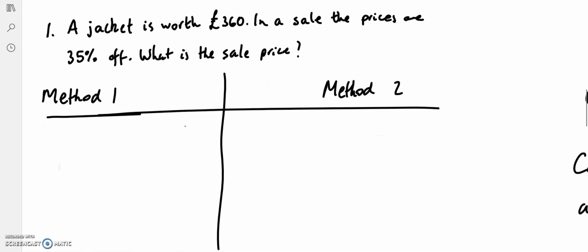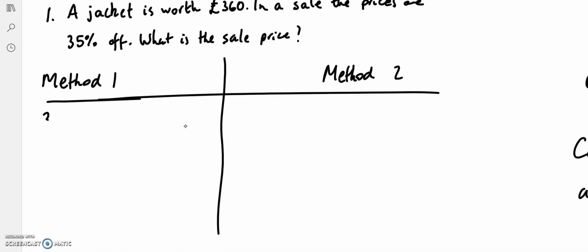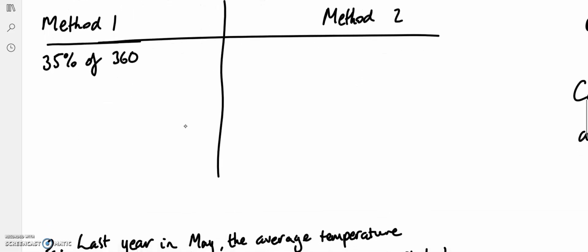So method one is we need to figure out 35% of 360. We'll use a strategy, we'll change it into a decimal. Divide it by 100, that's going to be 0.35, and we're going to times that by 360. So 0.35 times 360 is going to give us 126.